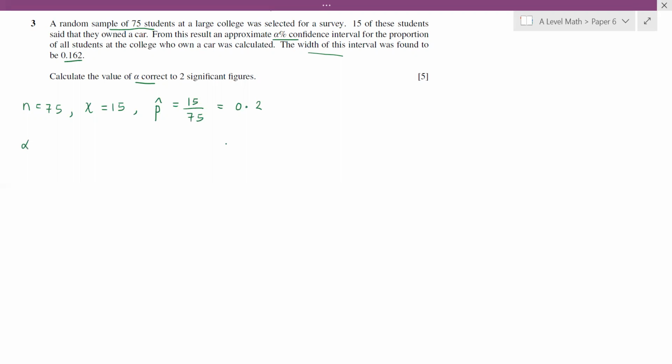We have an alpha percent confidence interval for the population proportion. The alpha percent confidence interval for the population proportion is given by sample proportion plus minus the critical value times the square root of p hat 1 minus p hat over n.